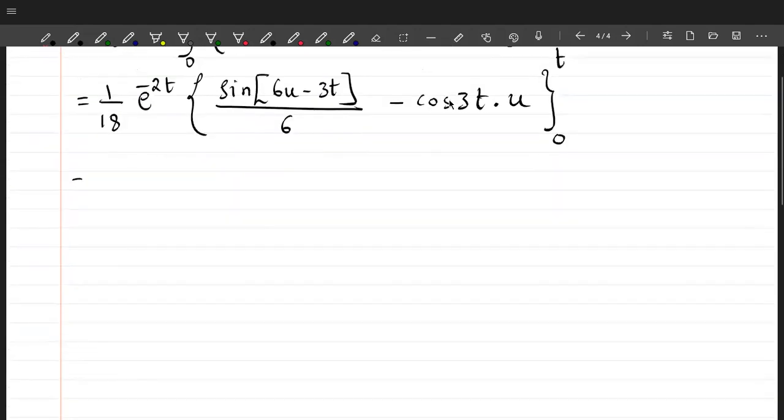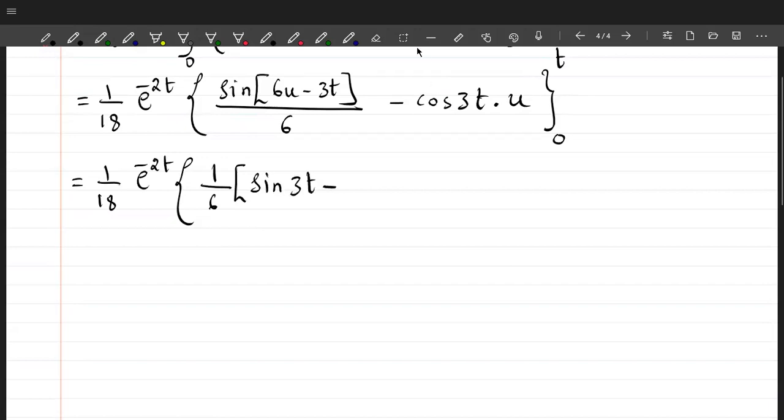So you get 1 by 18 into e power minus 2t, that's equal to, let's take the first term, you get 1 by 6 into sine of, put the limit for this particular term now. So in case of upper limit, you get sine of 6t minus 3t. What is 6t minus 3t? That is 3t. So you get sine 3t minus sine of 0 minus 3t.